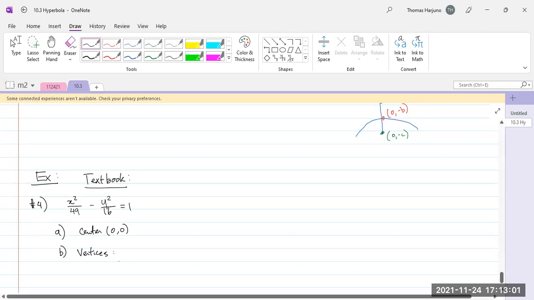So that's 7 units to the left and right. (7, 0) and (-7, 0). If I sketch that, the center is the origin (0, 0), and because we start with the x squared term, we go 7 units to the right and 7 units to the left.